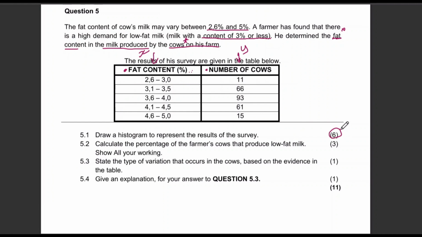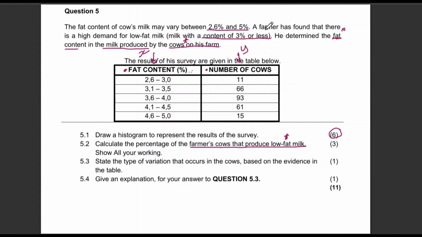Calculate the percentage of the farmers' cows that produce low-fat milk. So we are given the number of cows that are producing the different fat contents here, and they're asking us to calculate the percentage of the cows that produce low fat milk.